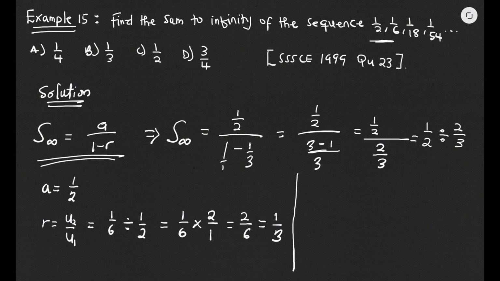So from here I have 1 over 2, then I change the division sign to multiplication and reciprocate, 3 over 2. So I have 1 multiplied by 3, that's 3, and 2 multiplied by 2, that is equal to 4. So my final answer is 3 over 4, and if I look through my possible answers, that is option D, and that becomes my final answer.